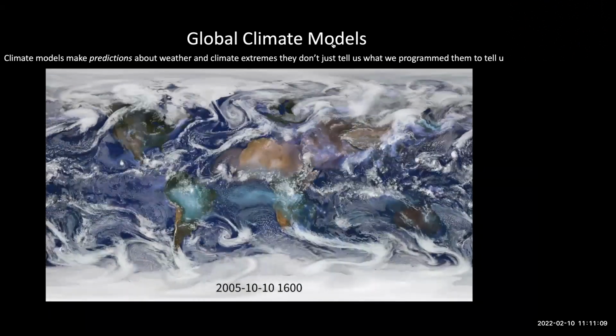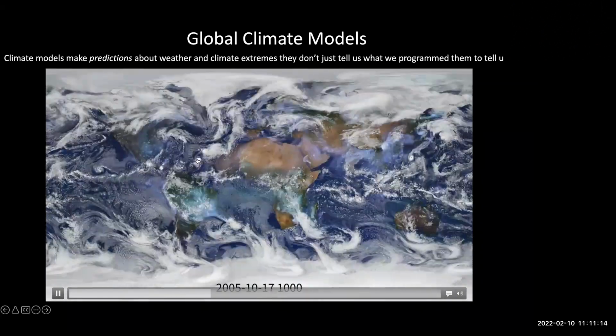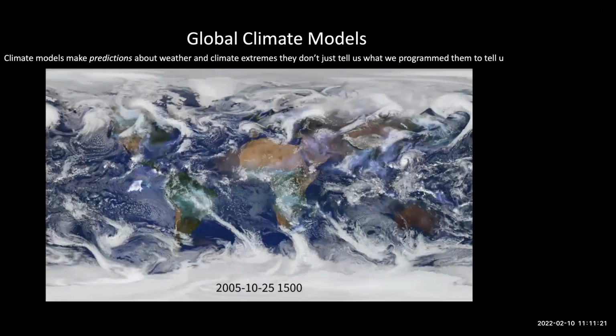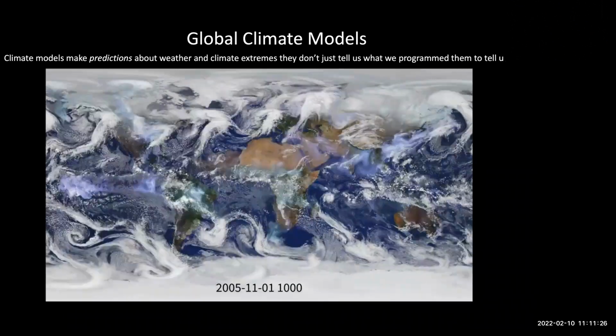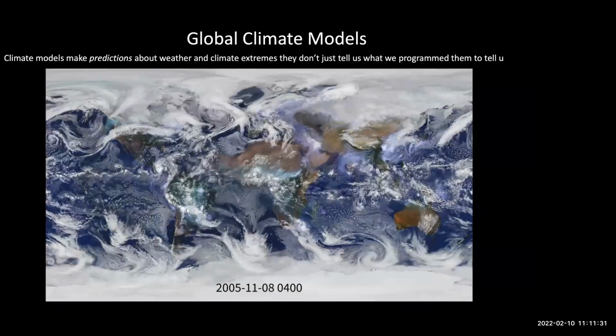There's nothing that says, make mid-latitude cyclones circle up here in the North Atlantic, or make hurricanes come out in the middle of the Atlantic. Those are just spontaneously generated from the underlying equations. And that tells us that we understand how these things work from a fundamental physical level.